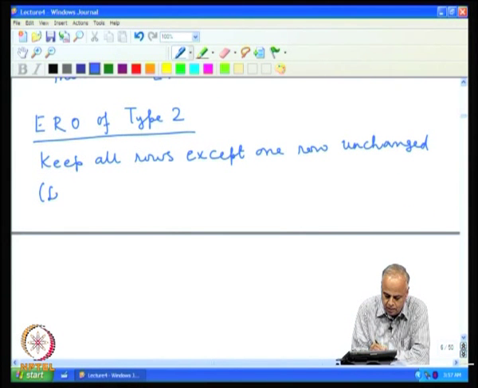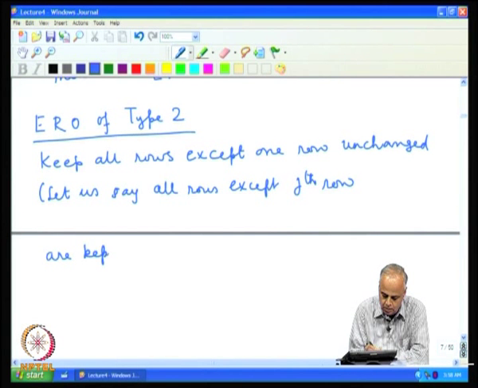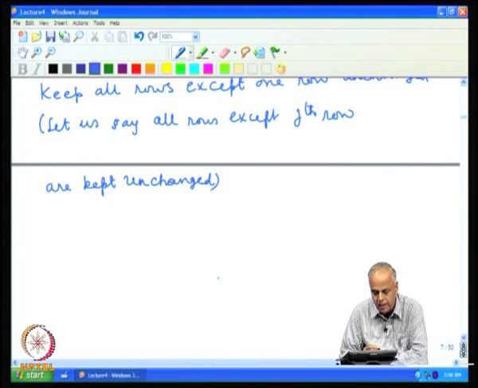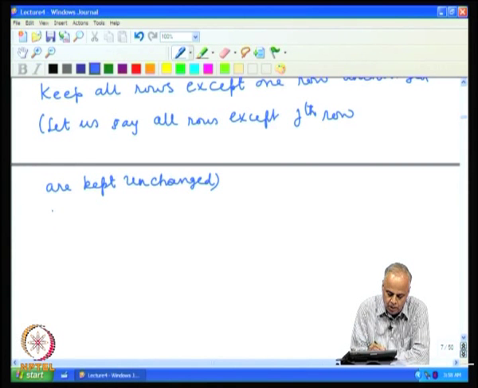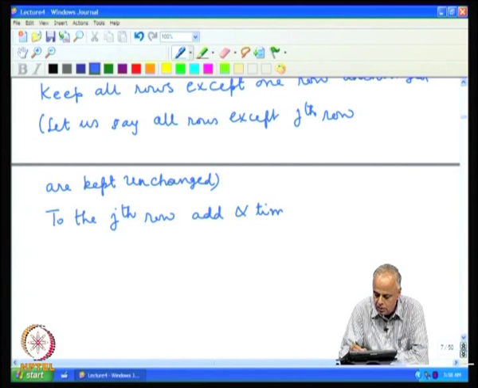Let us say all rows except the jth row are kept unchanged. Then we are going to effect a change only in the jth row. To the jth row, add alpha times the ith row.